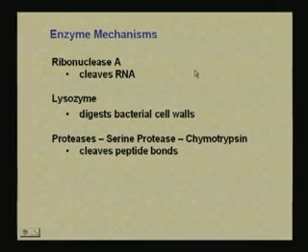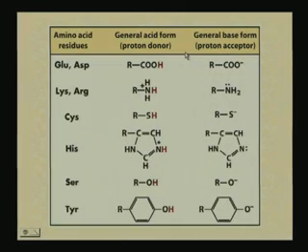Now, the amino acid residues that are involved in all these mechanistic procedures. This is a slide that I showed you before, but it is extremely important to emphasize how each of these amino acid residues can assist in the catalytic mechanism of these enzymes.